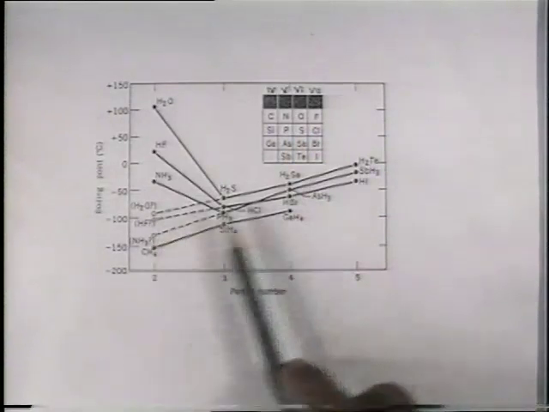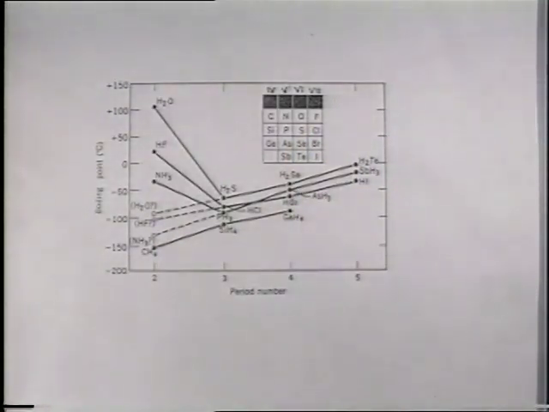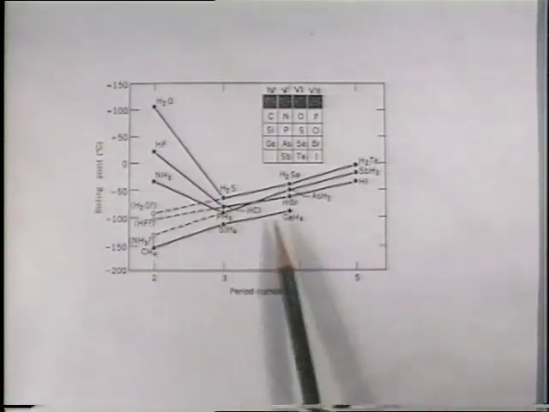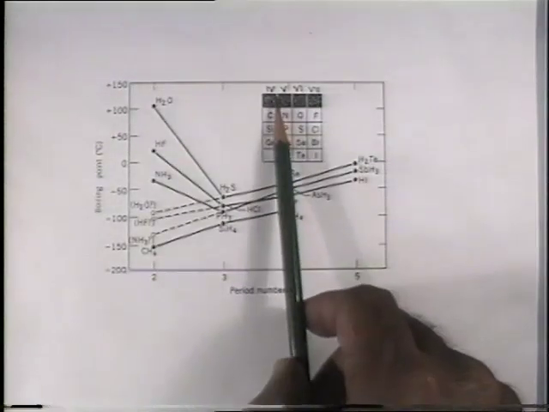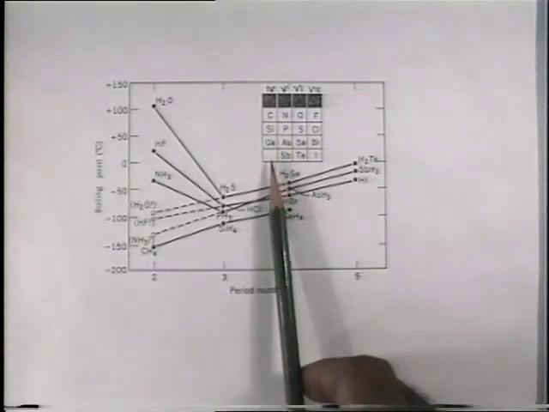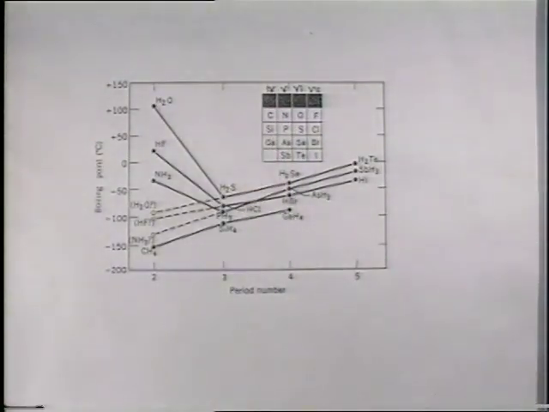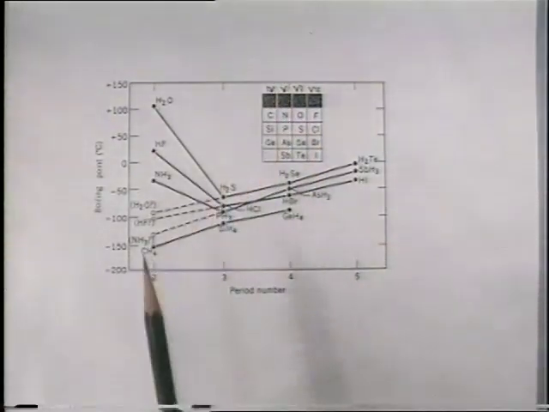If we look at the graphs that are drawn here, for instance, let's look at the first one, carbon, silicon, and germanium. Now these are the elements that we find in group 4. You should remember from what you've learned that as you go down the periodic table in a group, the size of the element increases. Because of that, the boiling point should also increase.